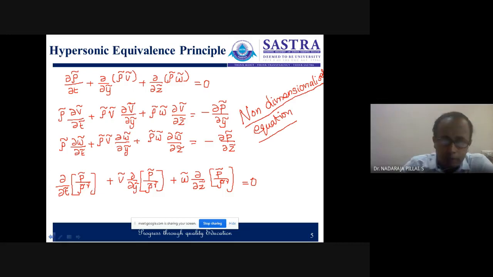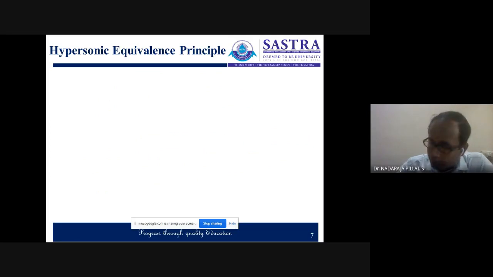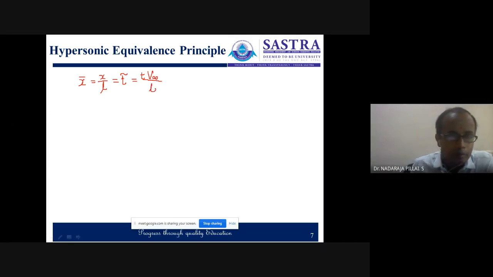Now let us further consider in the equation that x̄ is equal to x by L, and we can also write that t̃ is equal to t by L by V∞.